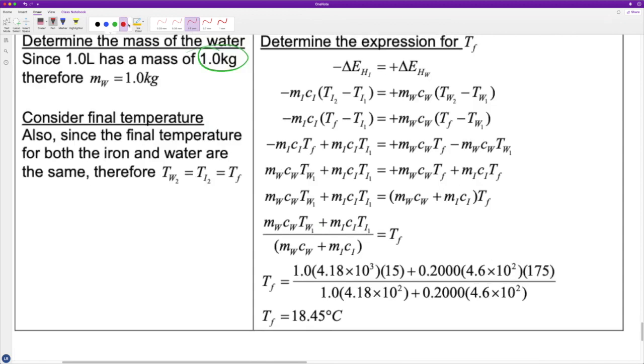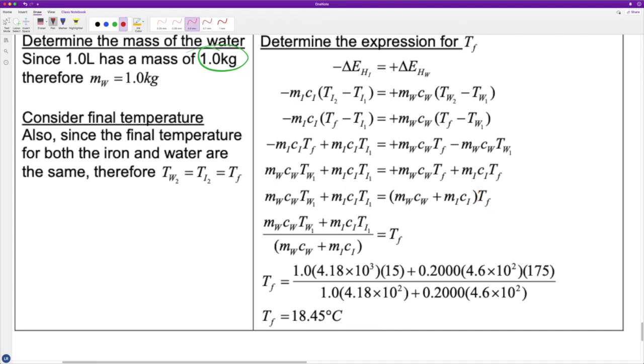The next thing is I want to isolate for these two factors. As you can see on the right-hand side, TF is associated with both of these terms, so I'm going to take a common factor of TF. When I take a common factor of TF, I get MWCW plus MICI combined.